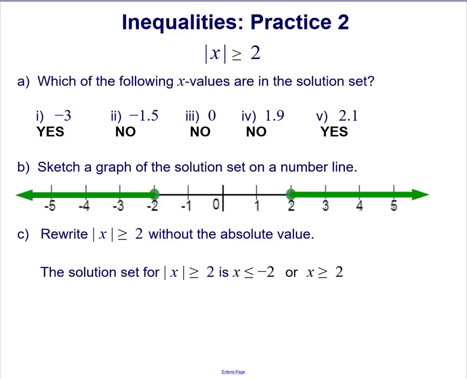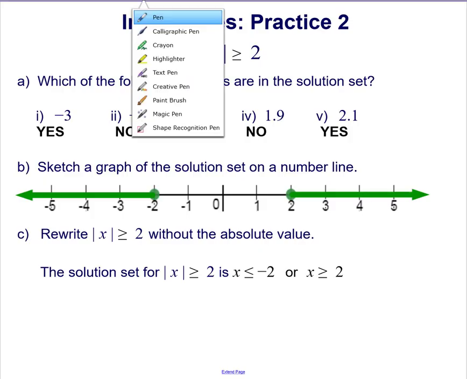Notice the circles are closed, meaning that -2 and +2 are also part of the solution set. When we rewrite the absolute value of x greater than or equal to 2 without the absolute value symbol, it is going to be x is less than or equal to -2, or x is greater than or equal to +2. And here's how we accomplish that.